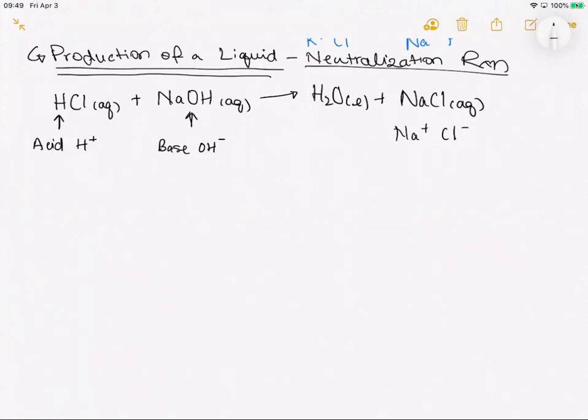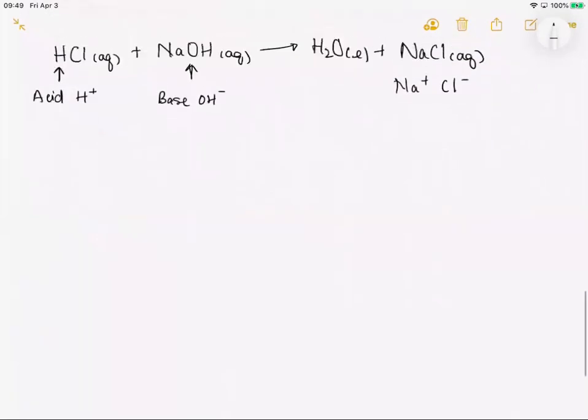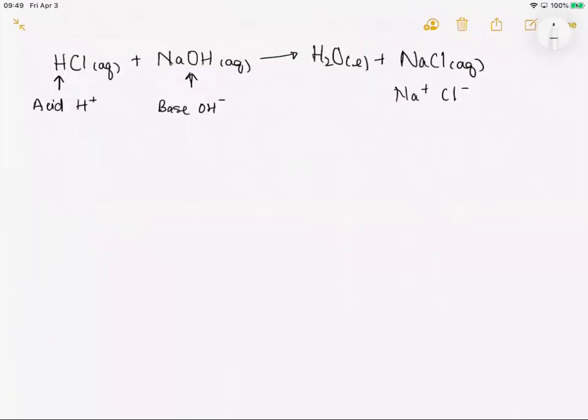You could also have a solid being formed here, like a solid precipitate. So for example, we have H2SO4 aqueous, this is sulfuric acid, plus potassium hydroxide aqueous. We know that it's going to form water. What's the second one it's going to form?